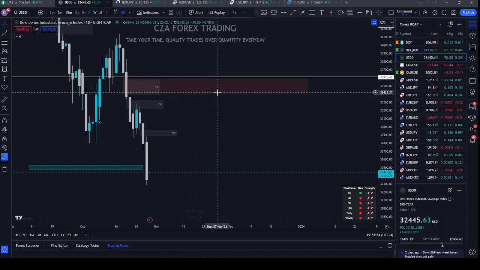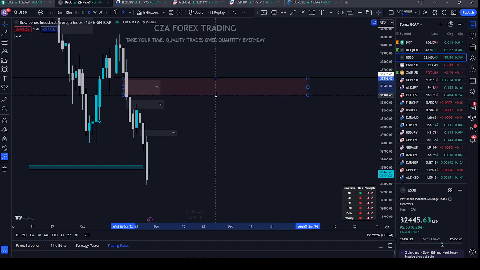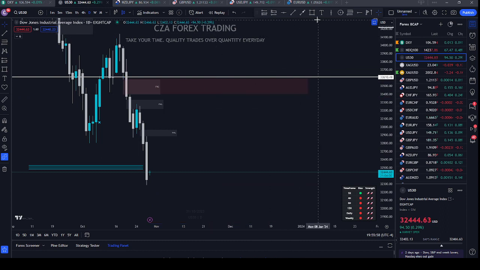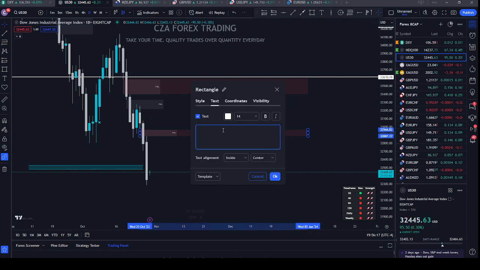Depending on the day, if the manipulation is to the downside, you get a massive short, and then you can take a massive long instantly after that, and that's your move for the day. I tried doing that the other day with Nas because it usually does that. Oh man, it got me good. It did not retrace at all. That's why I've been trading US 30. It gives good retracements all the time. It always comes back.